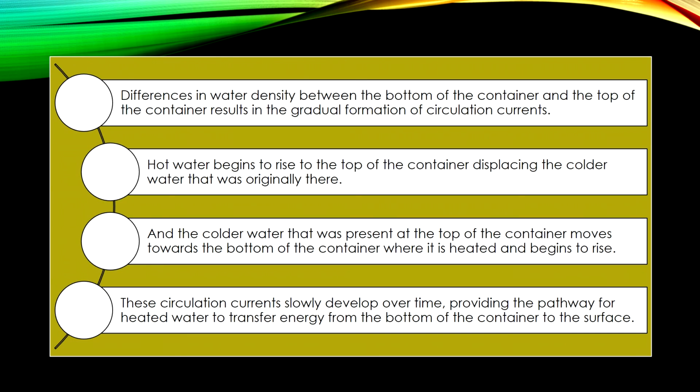And the colder water that was present at the top of the container moves towards the bottom of the container, where it is heated and begins to rise. These circulation currents slowly develop over time, providing the pathway for heated water to transfer energy from the bottom of the container to the surface.